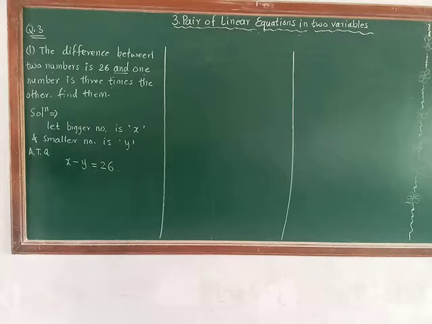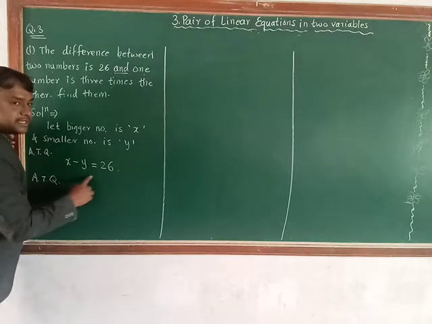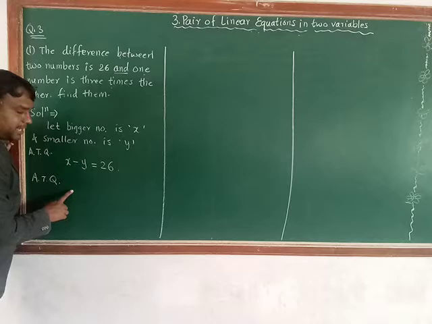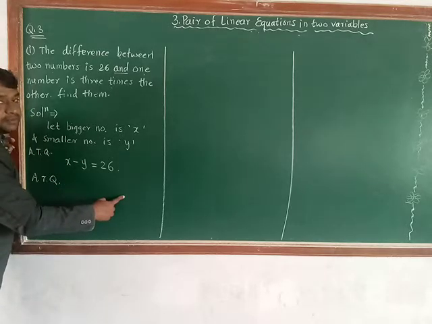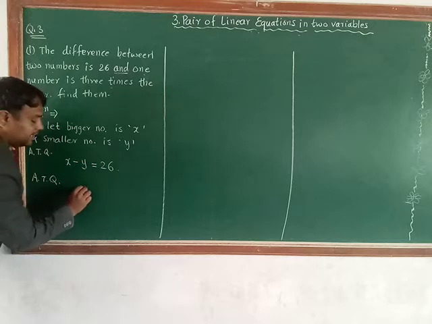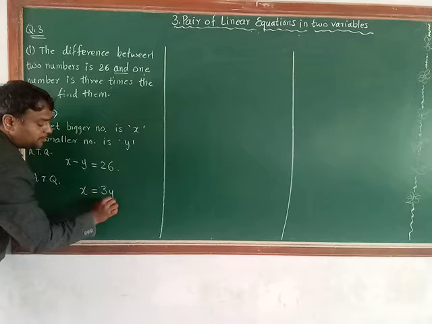So here we can write the second equation as per the question: x is equal to 3 times y.